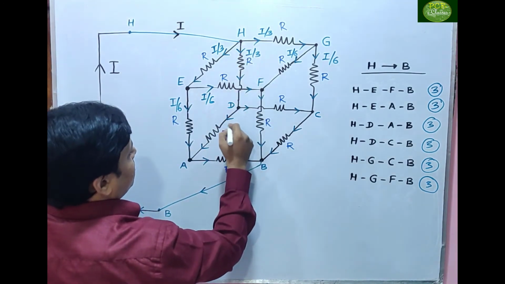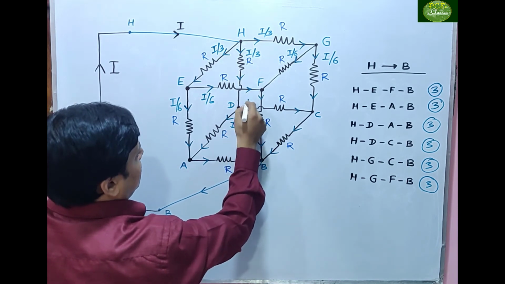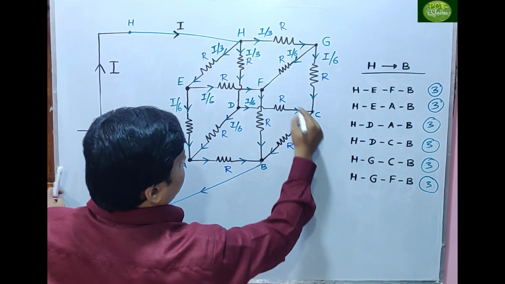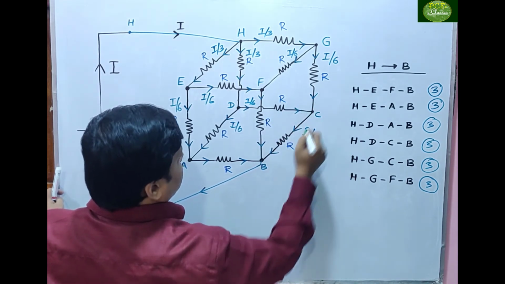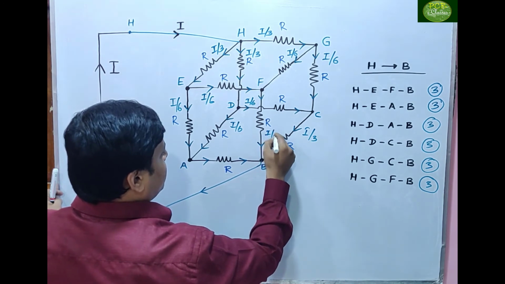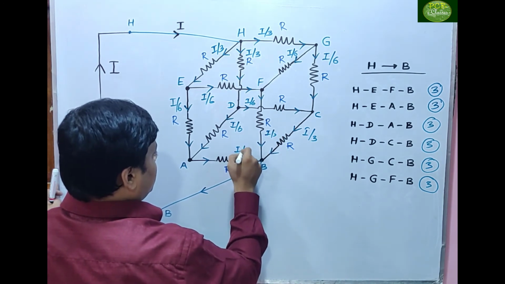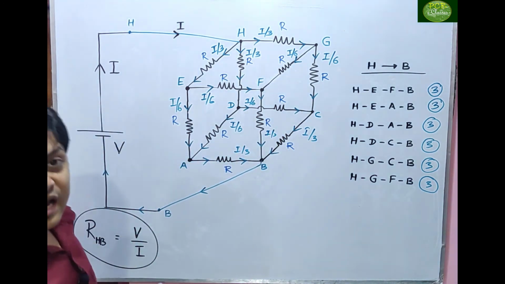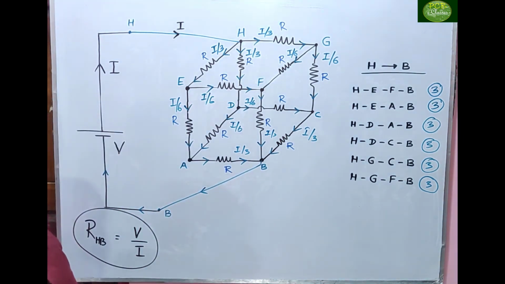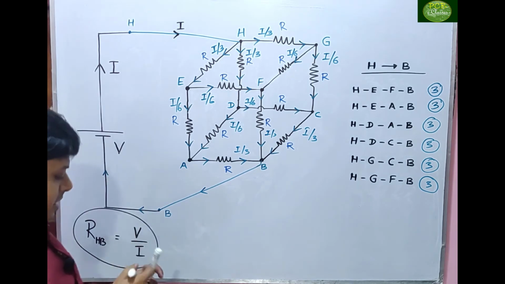Similarly, this will be I by 6, I by 6. The combination of I by 6 and I by 6 will be I by 3. This will also be I by 3. So the current distribution is done.